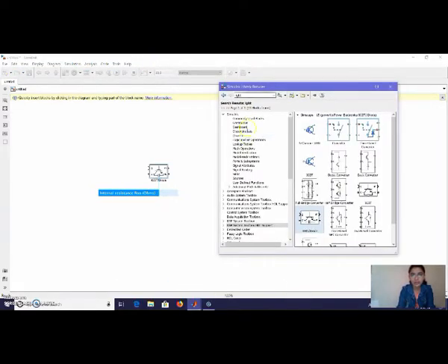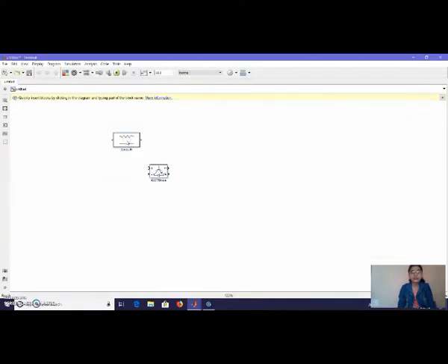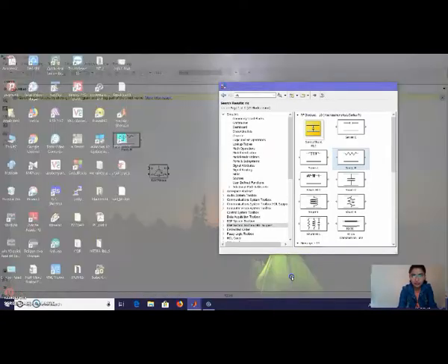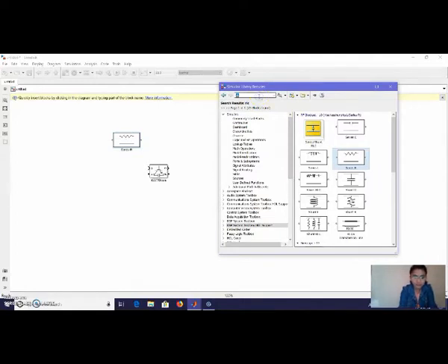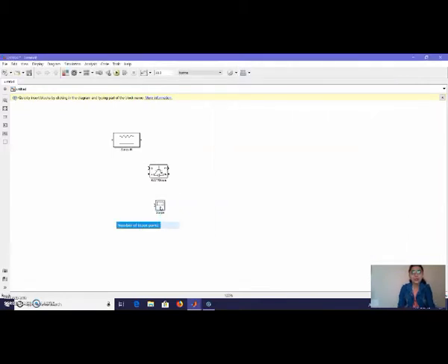So for now we are constructing a half-bridge using R load. So we will take R load. We will also need a scope. So I have dragged and placed a scope.